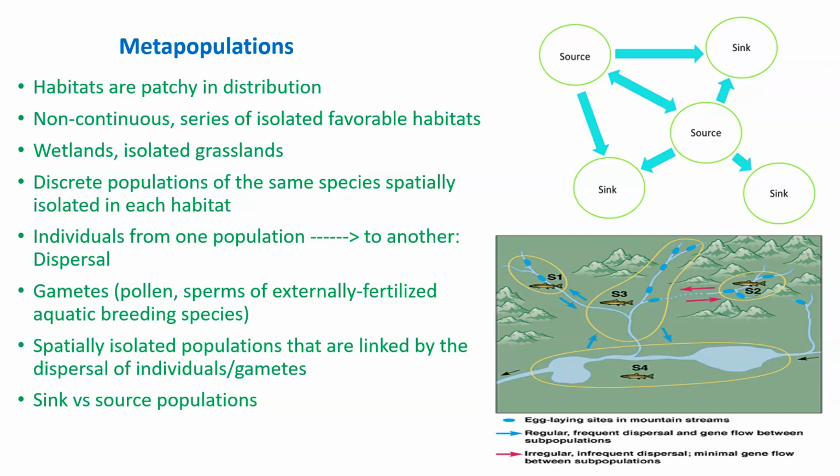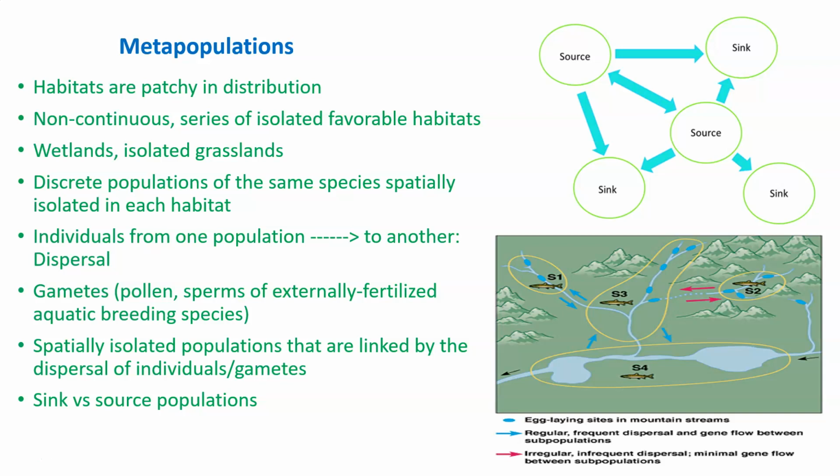So when this gamete dispersal or individual dispersal happens in spatially isolated populations, we call that connectivity resulting from migrating individuals or dispersing gametes a metapopulation.